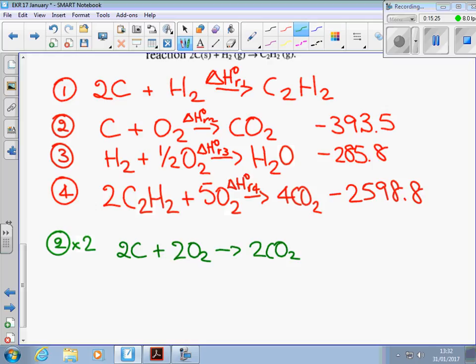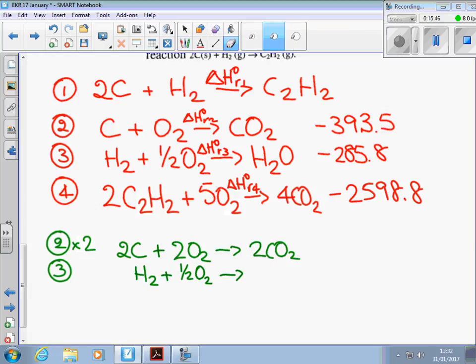Number 3 is okay as it is. So we have hydrogen, half O2, and on the other side, carbon dioxide. No, we don't. That would be magic, wouldn't it? Hydrogen and oxygen making carbon dioxide. Let's try for water instead.